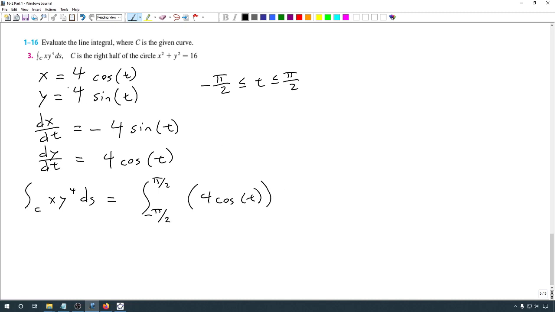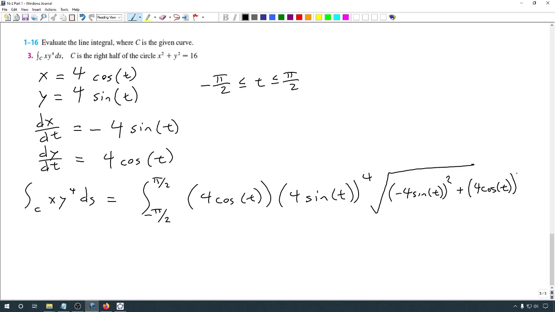Y is replaced with the 4 sine t. That's to the 4th power. And then ds, that's where we introduce our square root of negative 4 sine t squared plus 4 cosine t squared, and a dt.